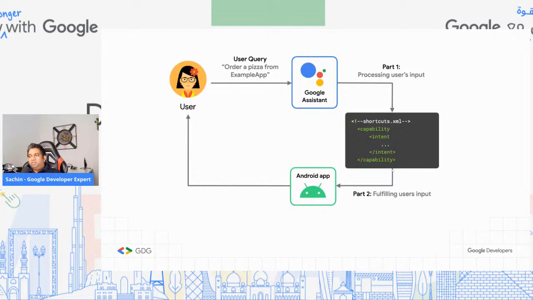If it is allowed, then it will automatically fulfill that activity based on the user's input directly into your Android app. So it will launch your app and take you to that specific screen, right? In this case, when you say order a pizza, it will just order a pizza and go into the final confirmation screen, or depending on how you want to use your Android application. So this is a classic example.